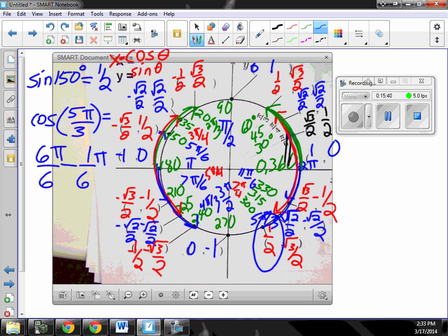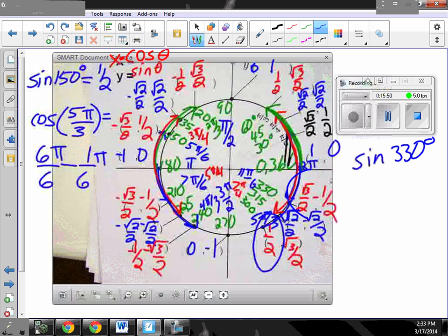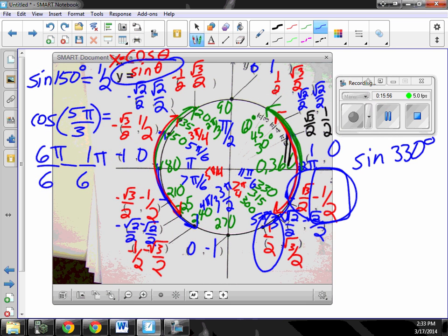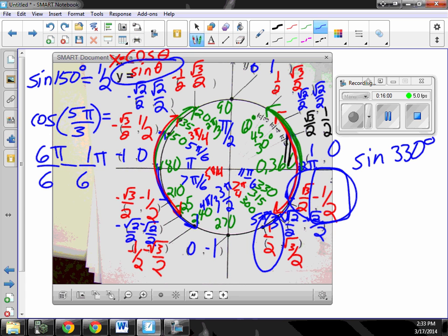So the sine of 330 degrees. I just find 330 degrees, which is right here. And then I look, sine is the y value, so the answer is just -1/2. Okay? Well, what if the angle isn't on there? Well, it depends on what you mean by not on there.